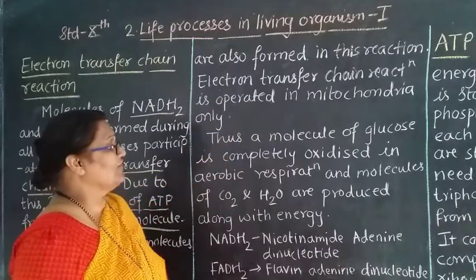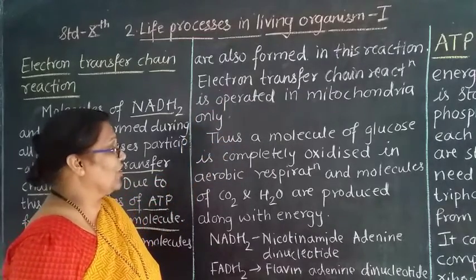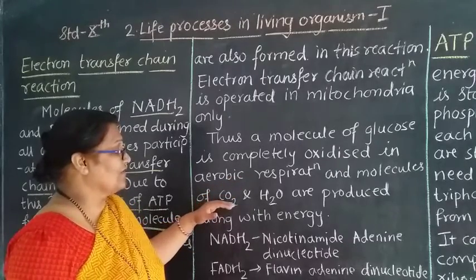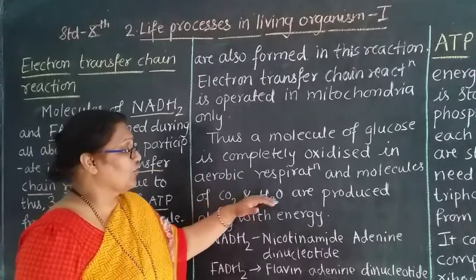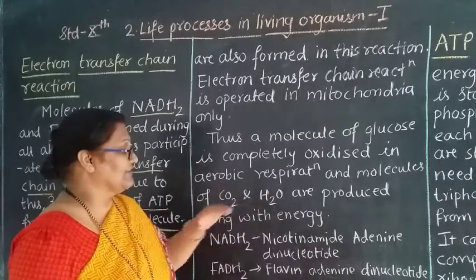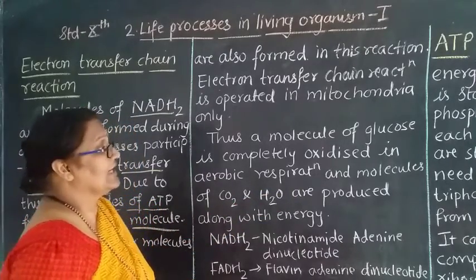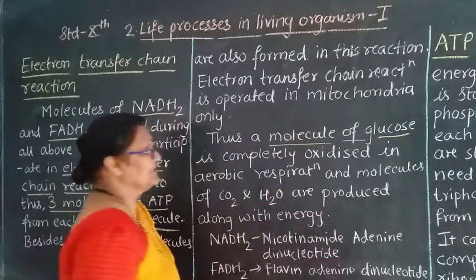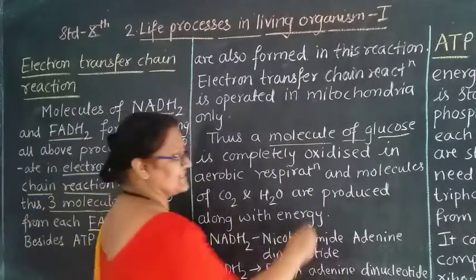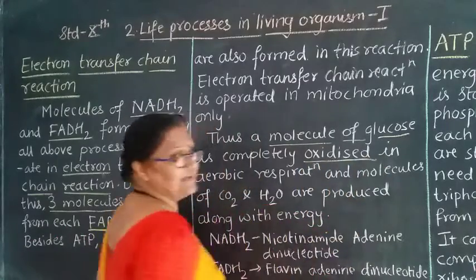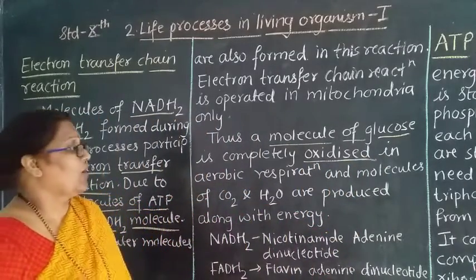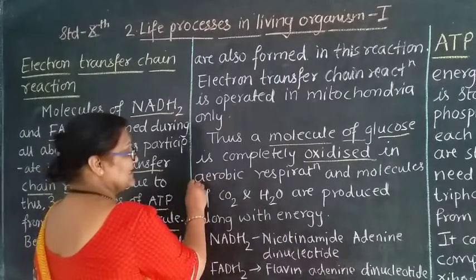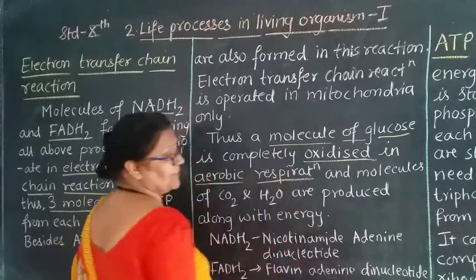Thus a molecule of glucose is completely oxidized in aerobic respiration, and molecules of CO2 and H2O are produced along with the energy. Completely oxidized means there is an addition of oxygen. As oxygen is involved, we call it aerobic respiration.